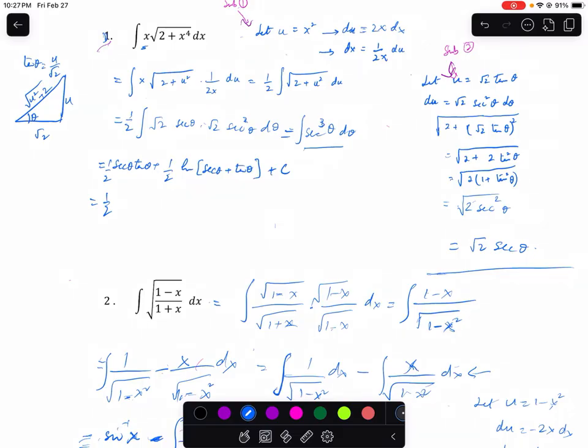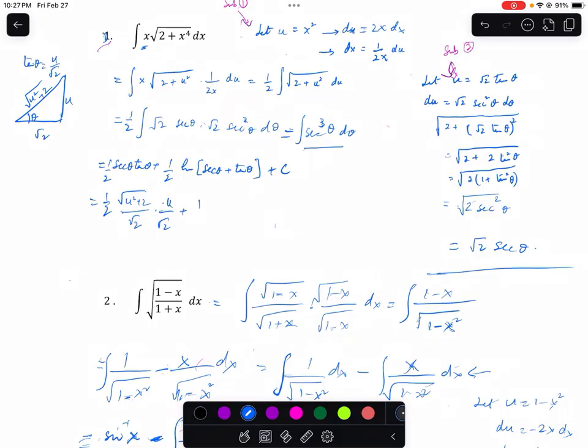So I have square root of u squared plus 2 over square root of 2 times tangent, and the tangent is u over square root of 2.